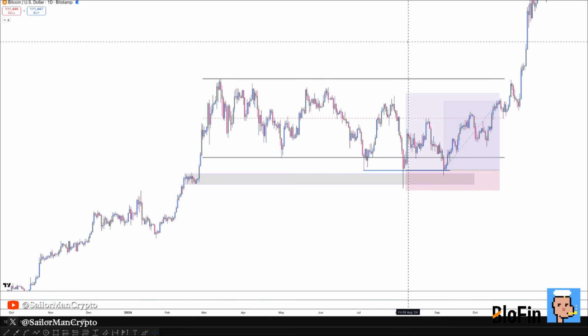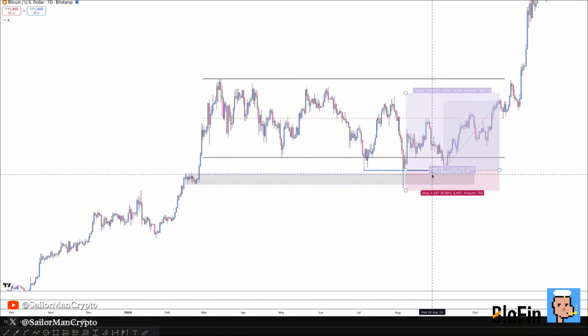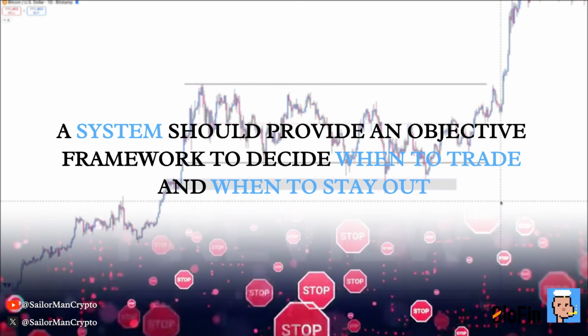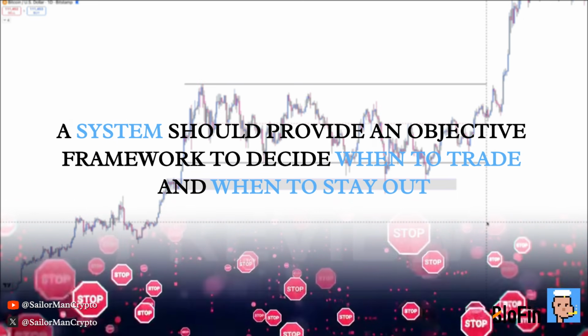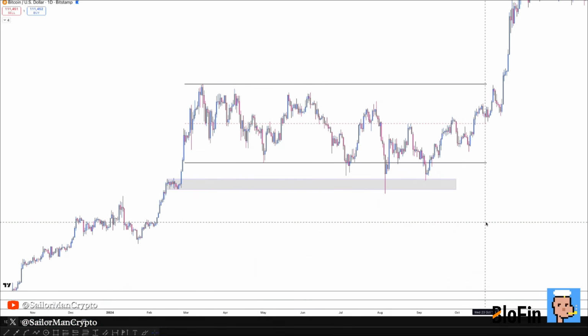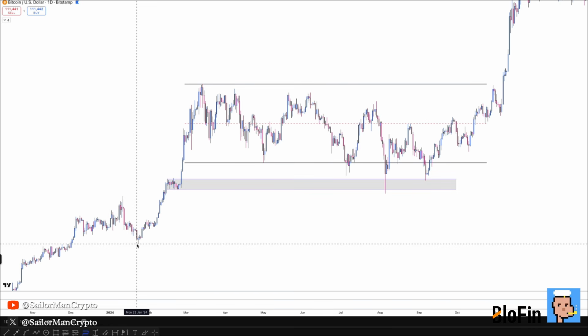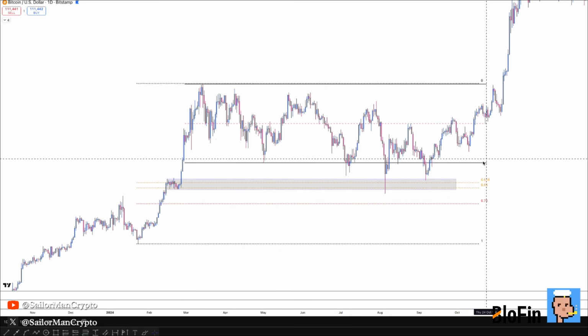The fifth chapter of the trading system should give you an objective way to decide when to trade and when not to trade. This is again a concept a little bit tough, but it can be that you do not trade when there are economic events, you do not trade at mid-range because it's choppy, you do not trade too far from a fib level because you don't get a proper risk reward.